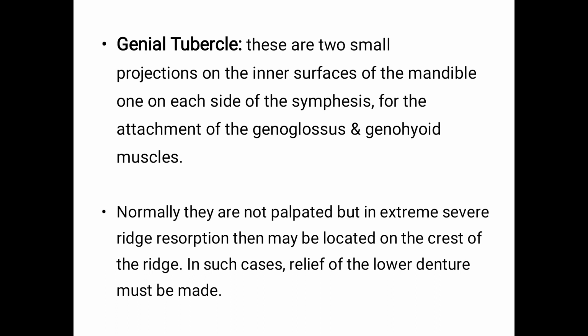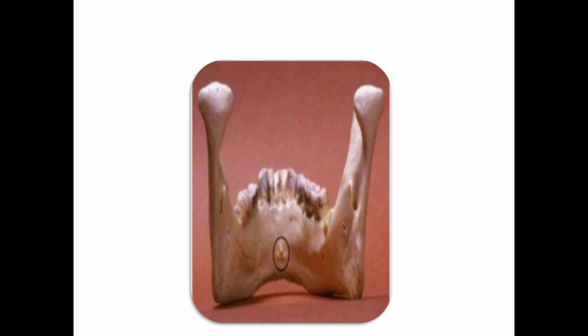The next landmark is the genial tubercle. عبارة عن two small projections on the inner surfaces of the mandible. Projection صغيرة في inner surface of the mandible on each side of the symphysis area. This is the symphysis area and this is the genial tubercle كون by the two sides of the symphysis area.